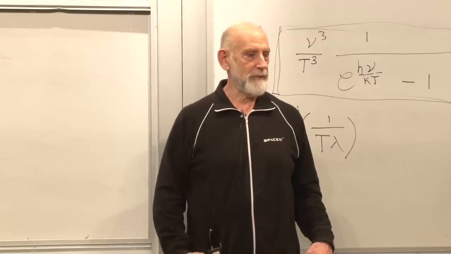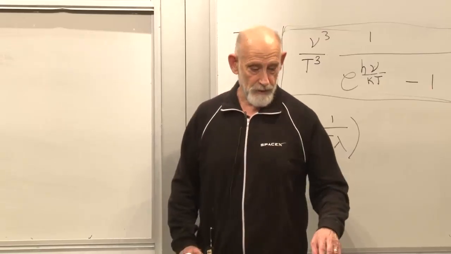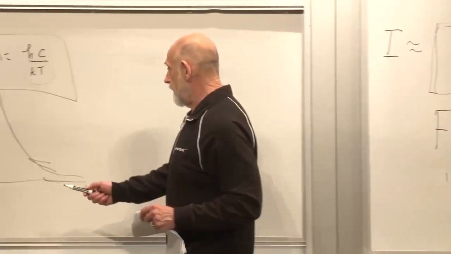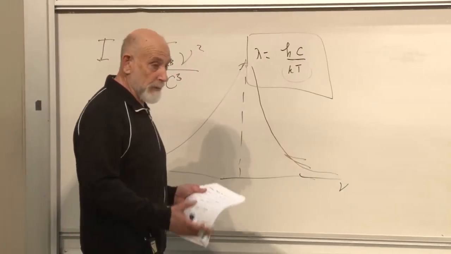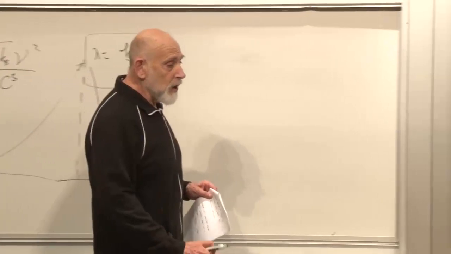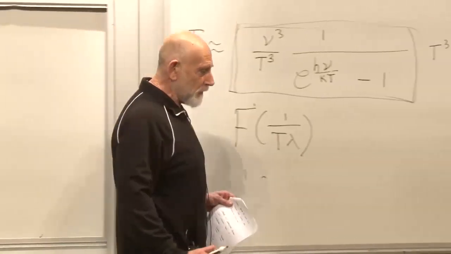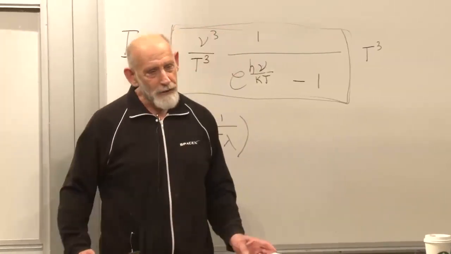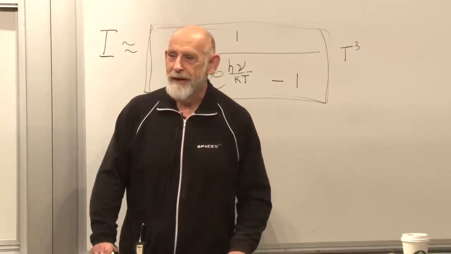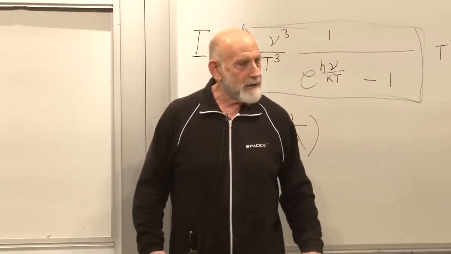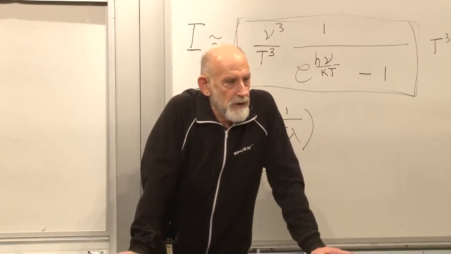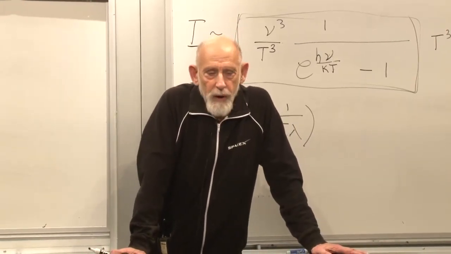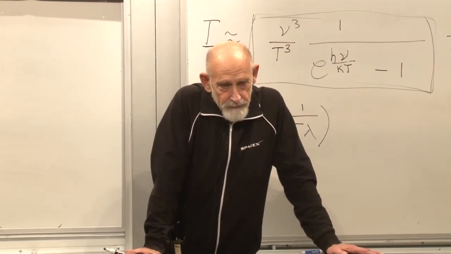Now, how do we know that it had that shape at a very early time? We know because we measure the shape of the photon spectrum in the universe. There's of course lots of different kinds of photons. There's gamma rays, there's ordinary light, starlight, and all that kind of stuff. But the overwhelming majority of photons are in the wavelength range of about 1 millimeter.